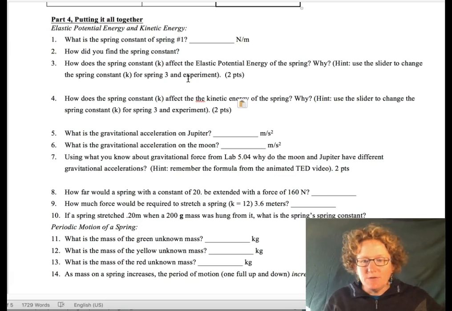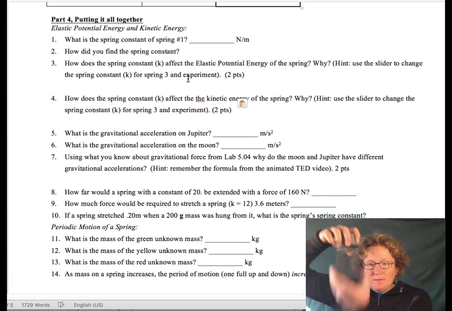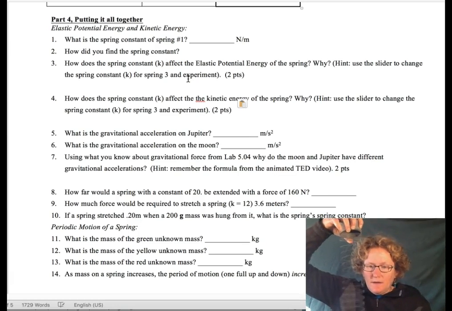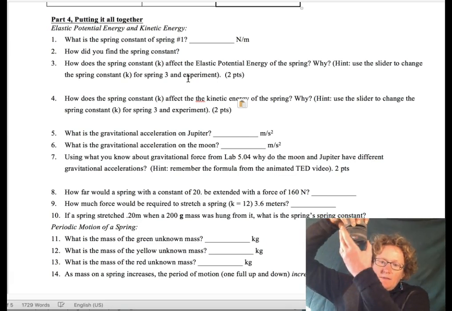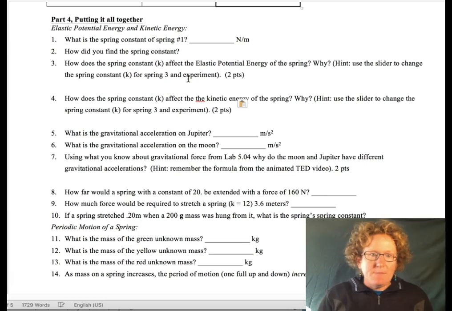The elastic potential of a spring is when you pull down on the spring, the fact that it bounces back up. It has some stored energy that you've stored in the spring by pulling it down or distorting it or distending it. And that potential energy is converted into kinetic energy when the spring snaps back up.